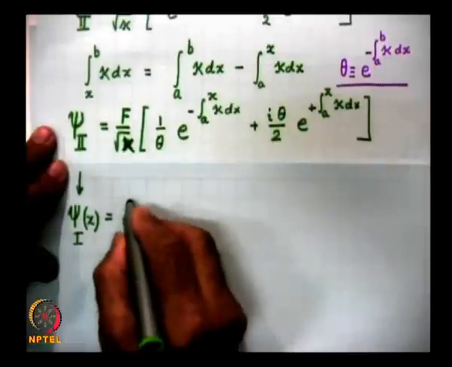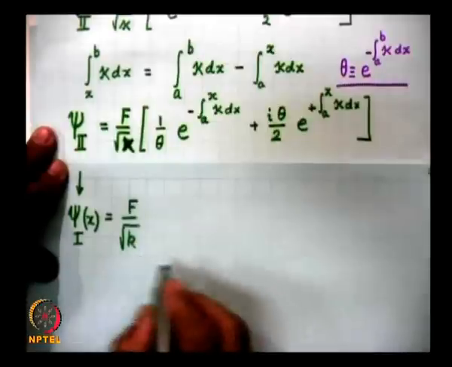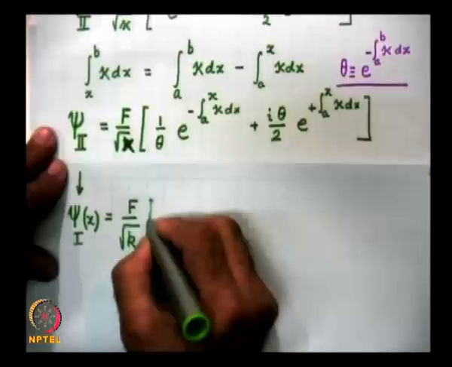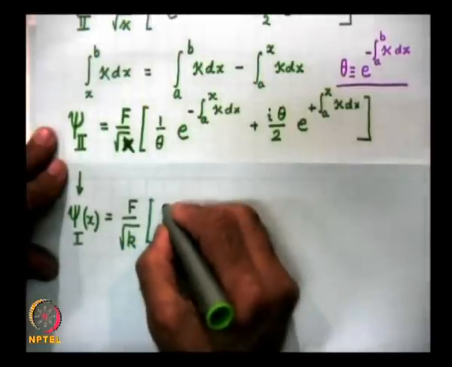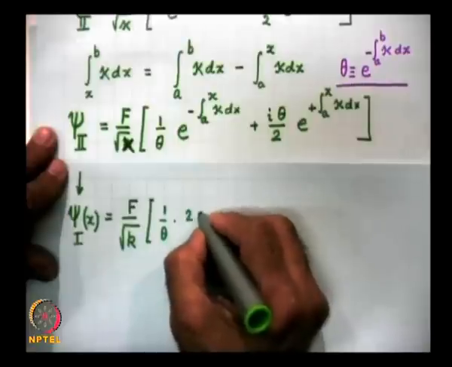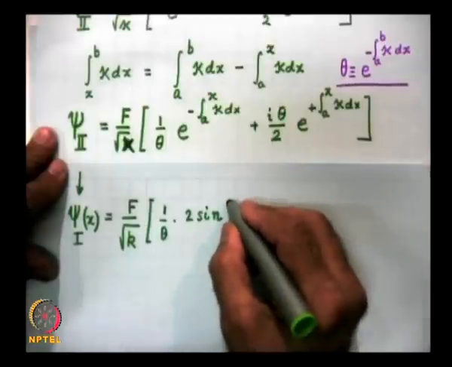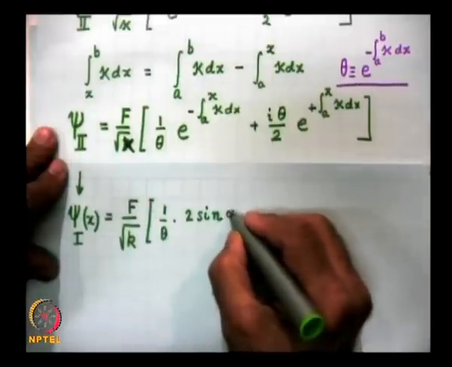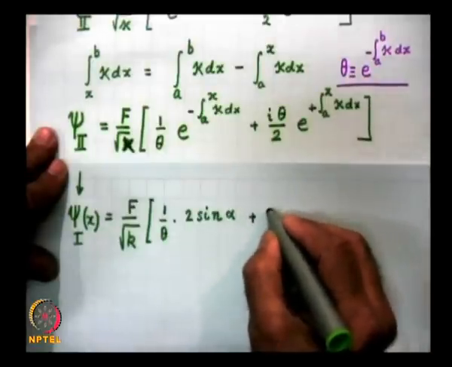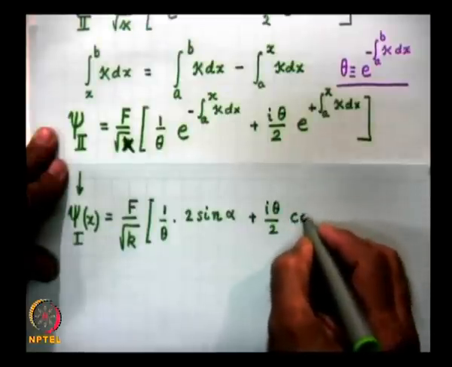So, this will be f by under root of k now, because in region 1 k square of x is positive. So, the exponentially decaying solution will go over to 1 over theta 2 sine of alpha, let me write it down as alpha, I will write down what is alpha, plus I theta by 2 cos alpha.